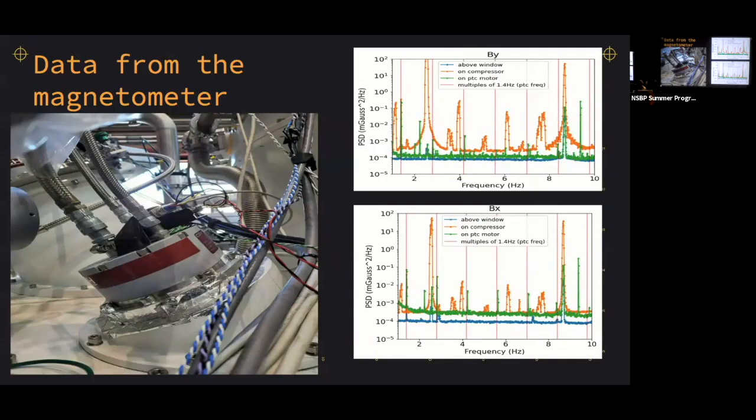From that, you can see the peaks on the PTC motor and the multiples of 1.4 hertz perfectly align. So we came to the conclusion that this is magnetic pickup from the motor.